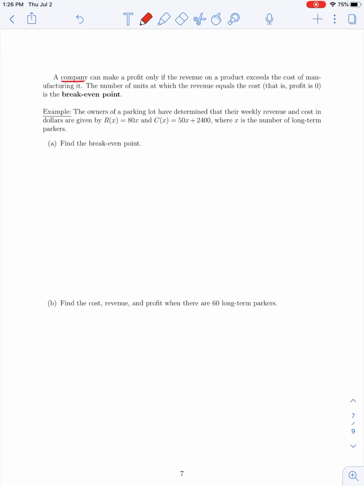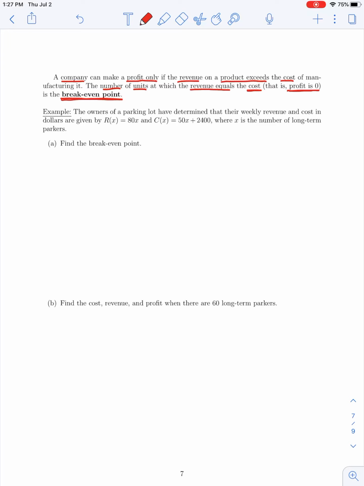Any company can make a profit only if the revenue on a product is exceeding the cost of manufacturing it. And so the number of units where our revenue first equals the cost, or equivalently where our profit, which is revenue minus cost, is zero, is referred to as the break-even point.